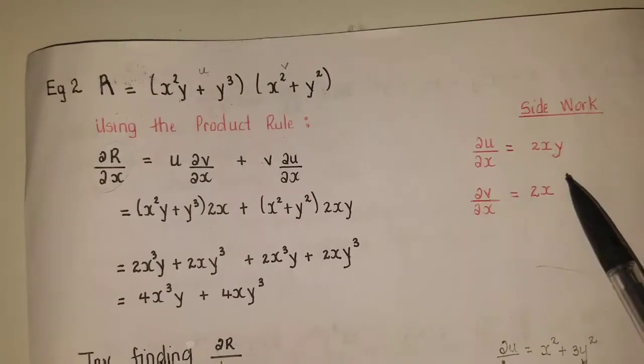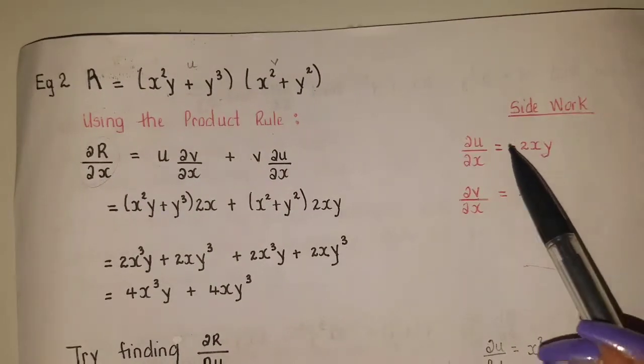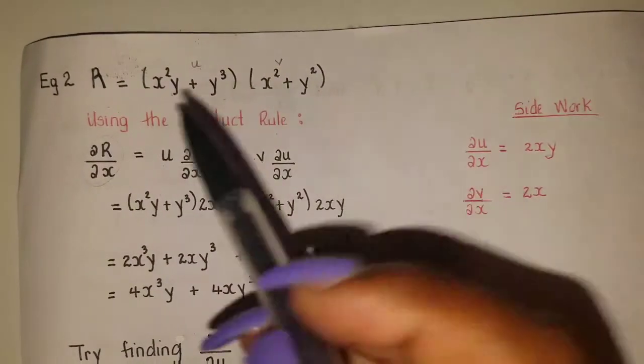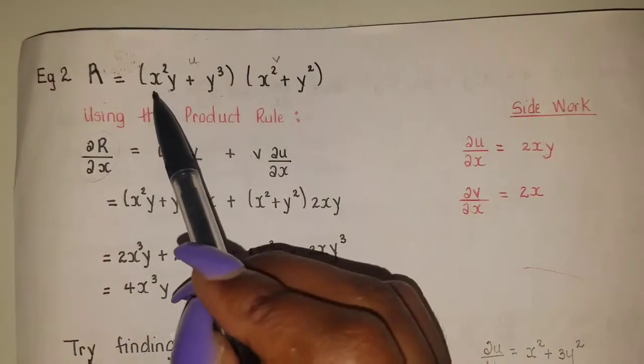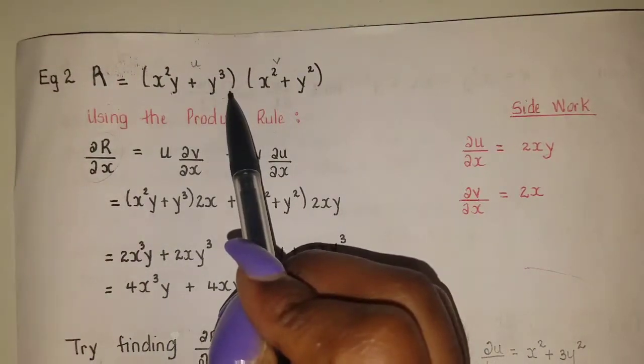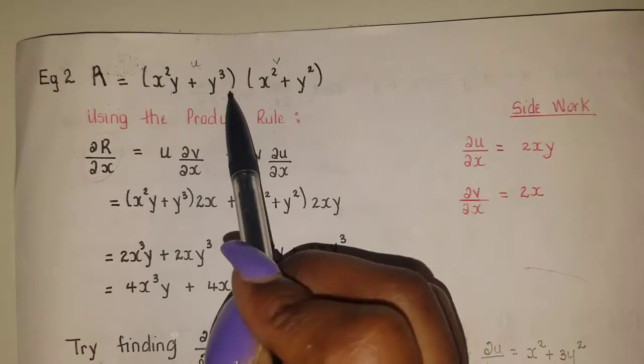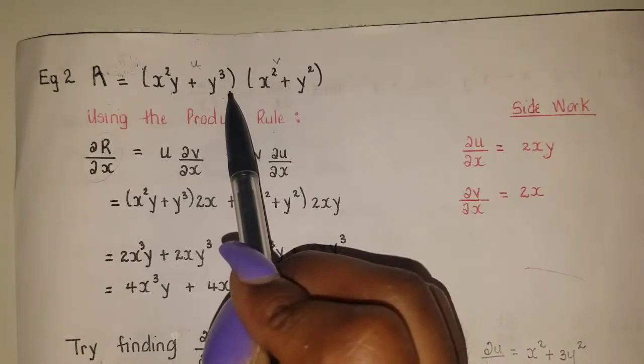So, to the side, I found my partial derivatives of u and v. So first I went to my u function, and remember once more we're finding the partial derivative with respect to x. So we are differentiating the x's and the y's are acting as constant.